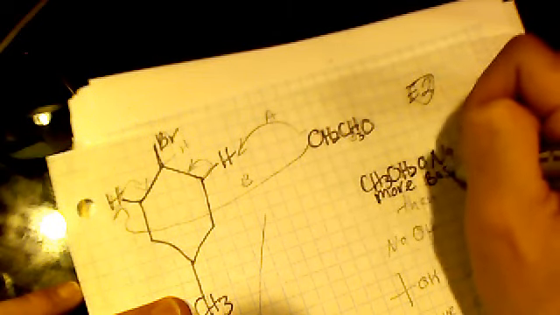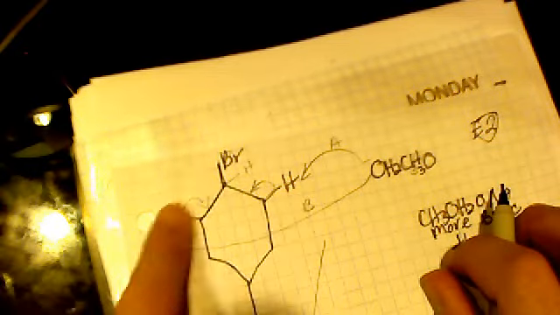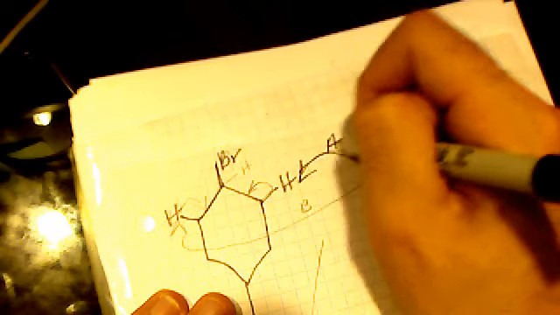It's more readily able to pluck off these hydrogens, right? It's going to go either path A or path B. Whatever path it takes, it's going to give us the molecule we're looking for.